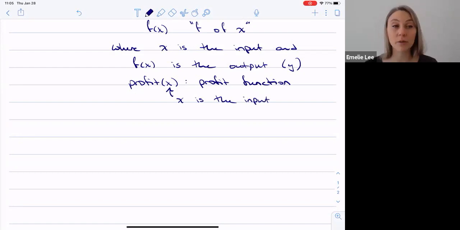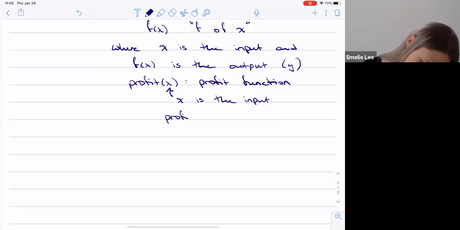Usually it's the number of units that we're selling or producing. But we're going to leave that open. It's some unit, and the profit is the output.